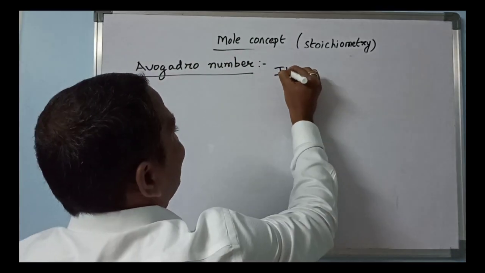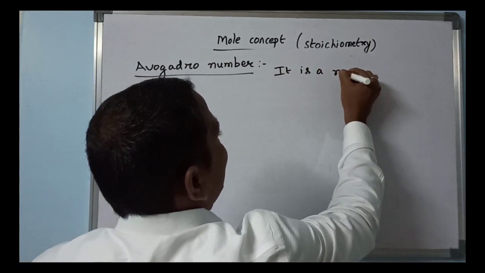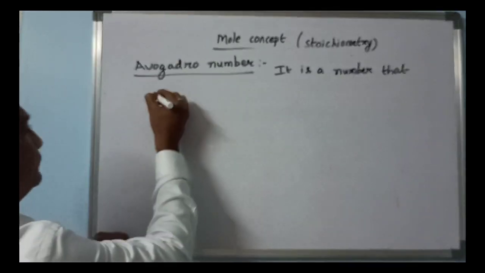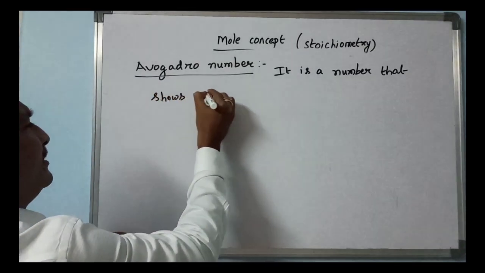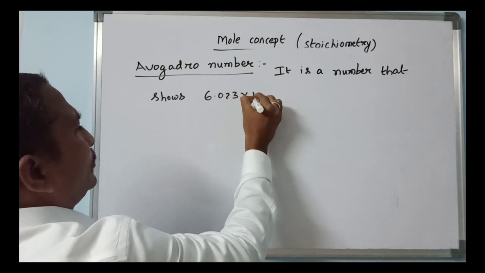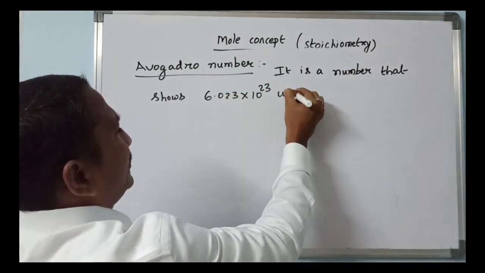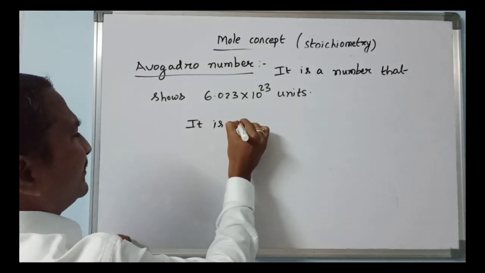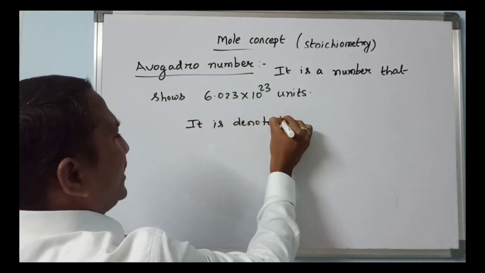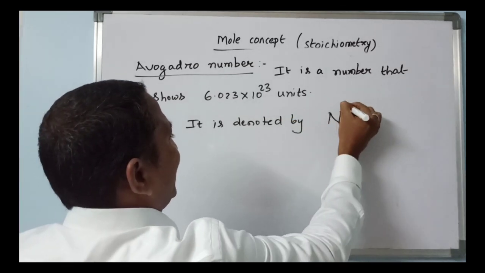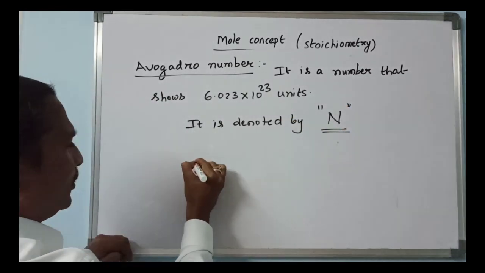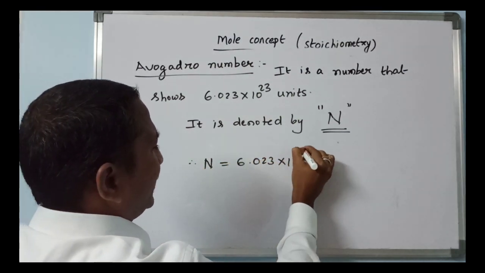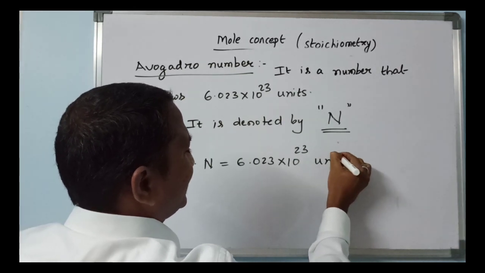It is denoted by capital letter N. Therefore, capital letter N is equal to 6.023 into 10 power 23 units.